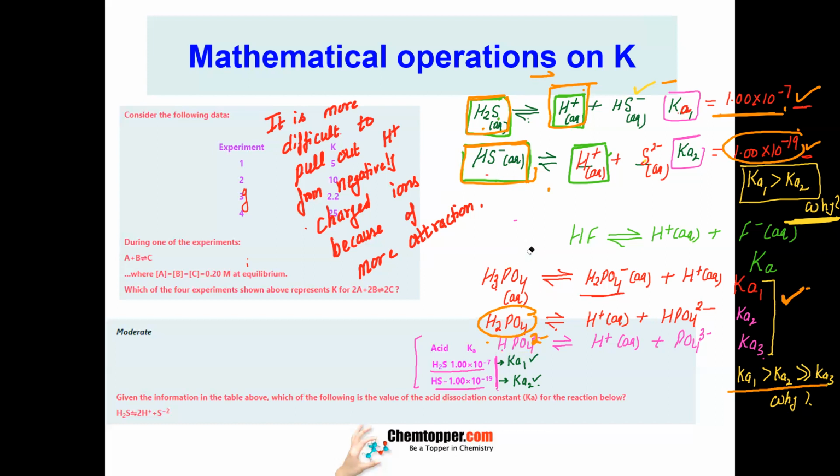It's more difficult to take out hydrogen from minus 2, right? Because the more negative, the more difficult to take out hydrogen. So which one is the strongest? H3PO4. These types of questions are there in multiple choice. Then which one is the next? H2PO4 minus. Then which one is the next? HPO4 2 minus.